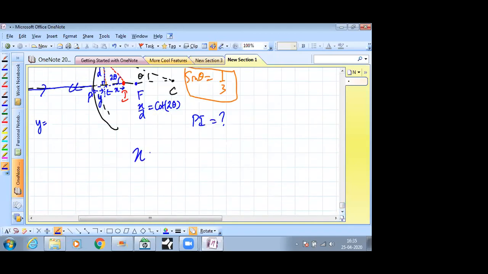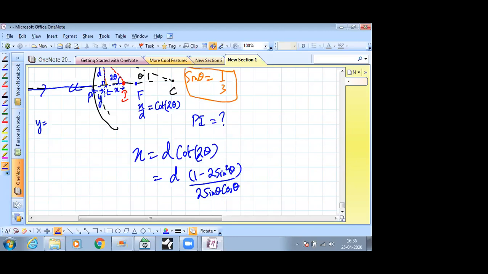So x is equal to d cot 2 theta. Okay, so that we can write as d cos 2 theta upon sin 2 theta. So 1 minus 2 sin square theta upon sin 2 theta, that is 2 sin theta cos theta.